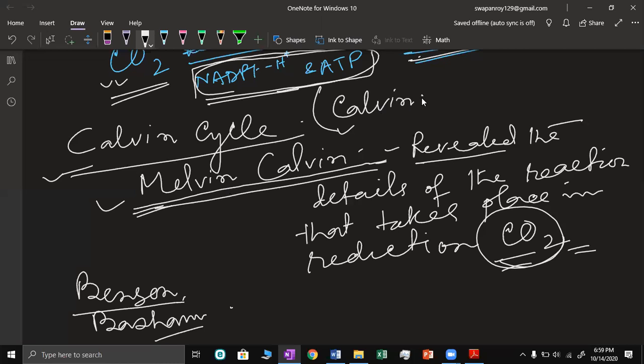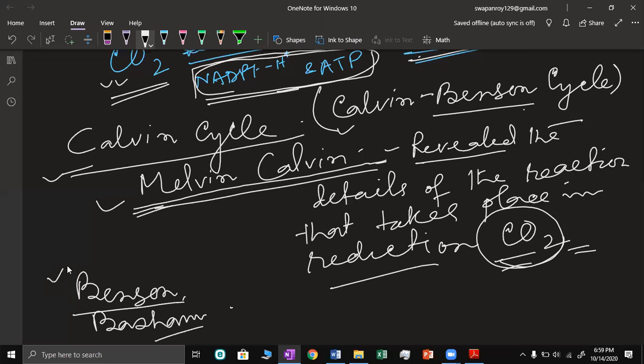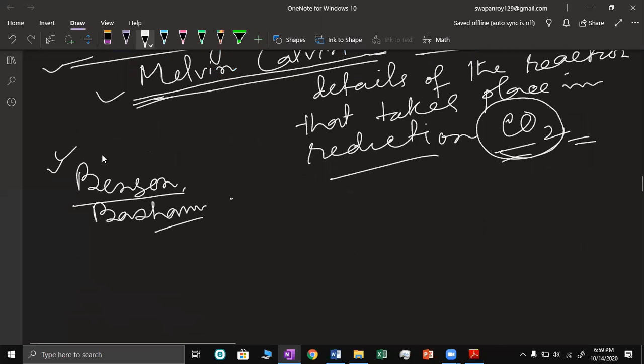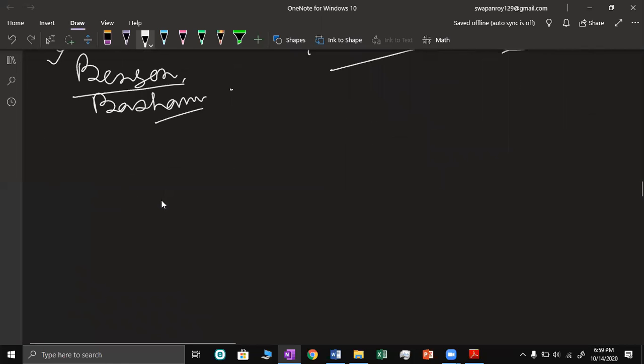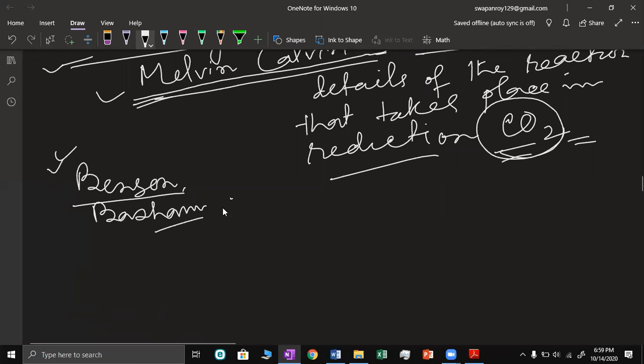So sometimes it is not only called the Calvin cycle, it is also known as the Calvin Benson cycle, or the Calvin Benson Bassham cycle, where all three names come, for which Calvin and his associates were honored with the Nobel Prize.